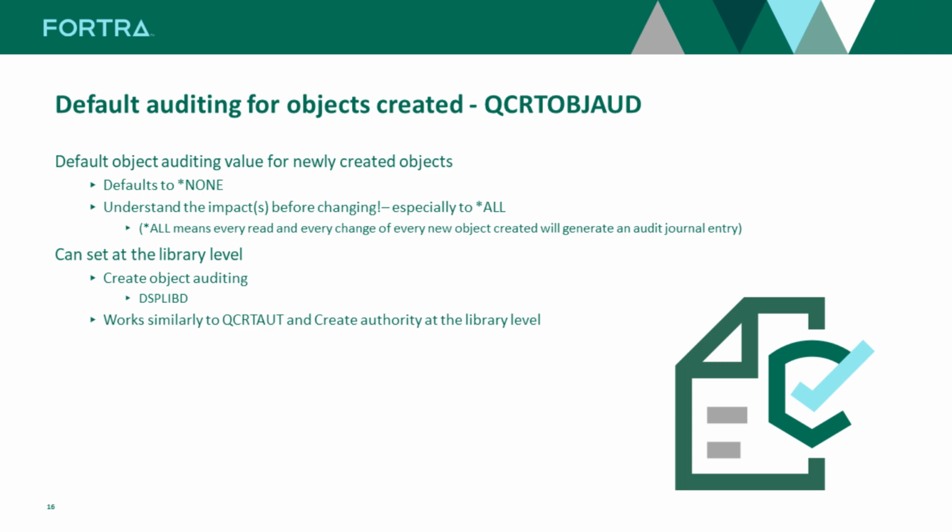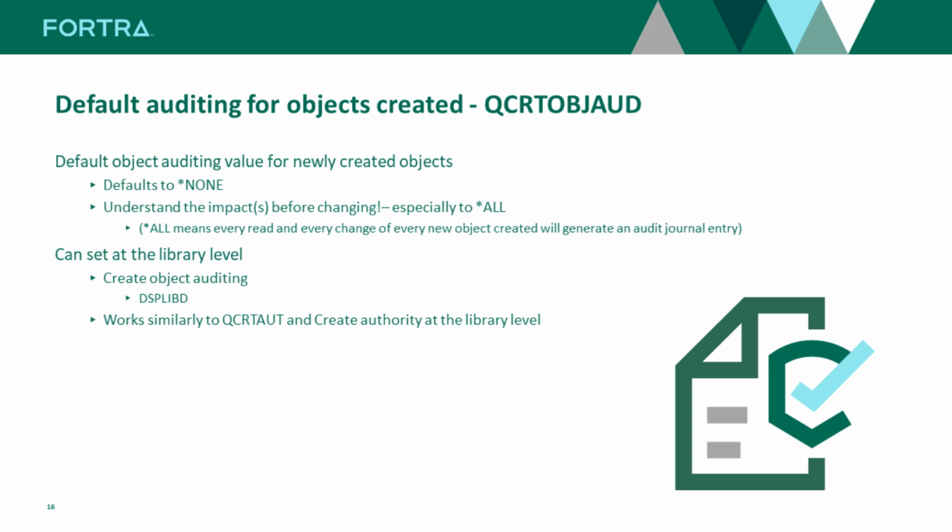This can fill your audit journals very quickly, especially with data queues in some of the applications out there that I've seen. We've also seen it on files that get *ALL turned on. Well, now every time somebody opens that file, reads a record, runs through that file, makes any change, you're getting hundreds of thousands of entries for those files.